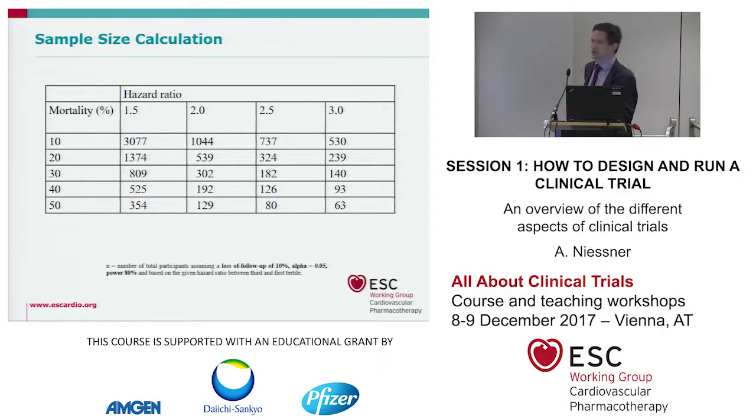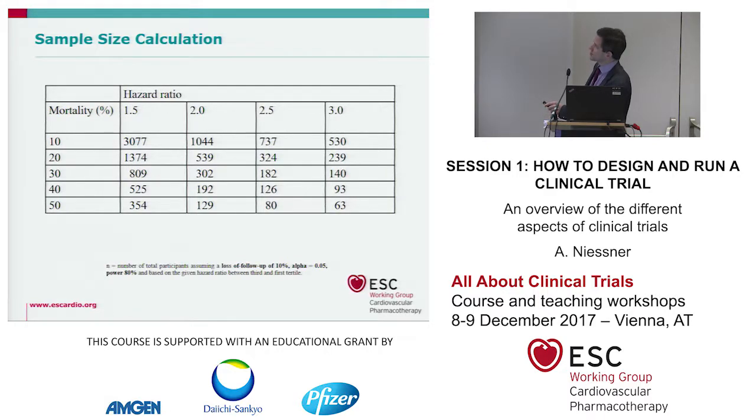If you want to see only a threefold increase of risk, you only need a few patients, like 500 patients. If you want to see a 50% increase of risk, you need a six-fold higher number of patients, 3,000 patients, to see a 1.5-fold increase of the risk in the group with the exposure.